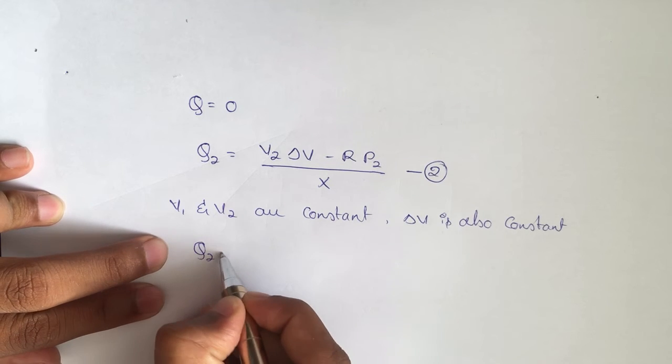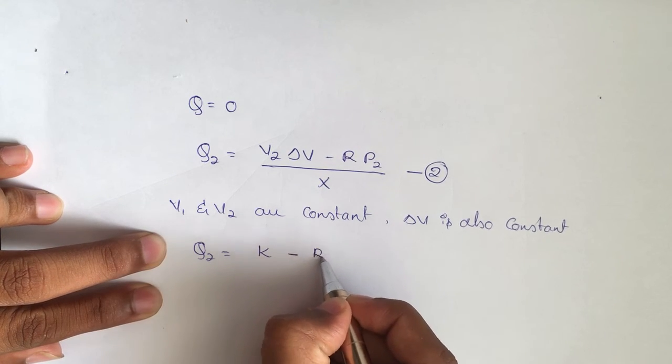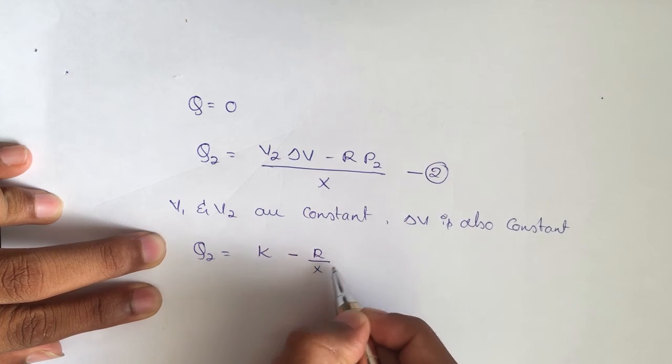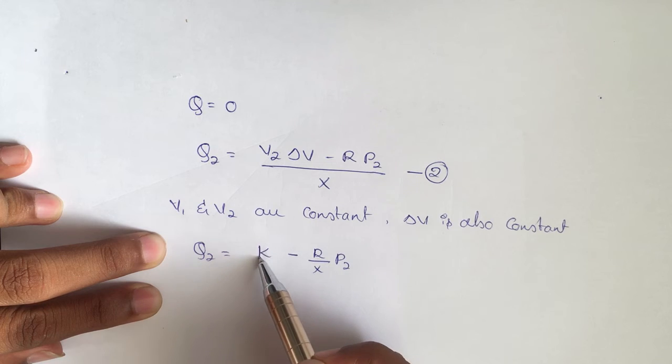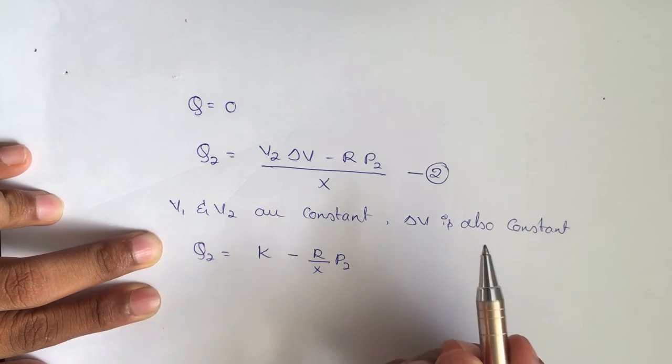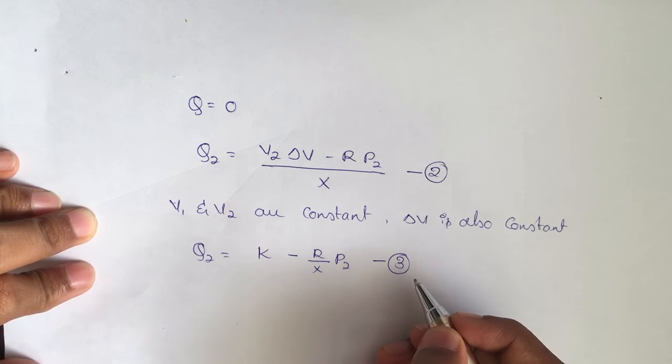Therefore Q2 will be equal to K minus R divided by X into P2, where V2 into delta V divided by X is marked as K. Marking it as equation number 3.